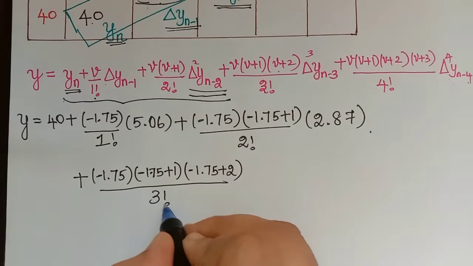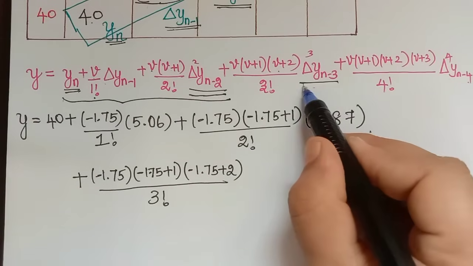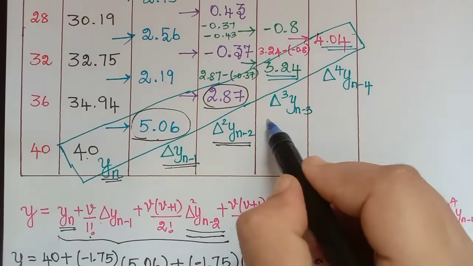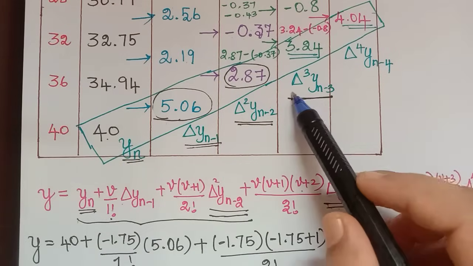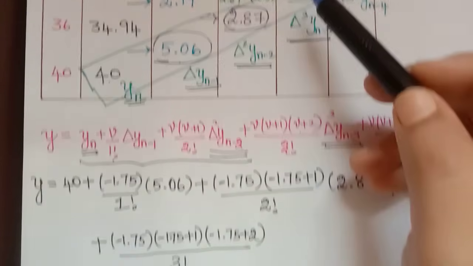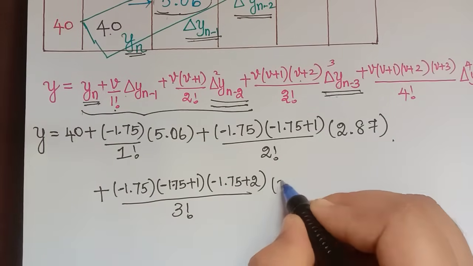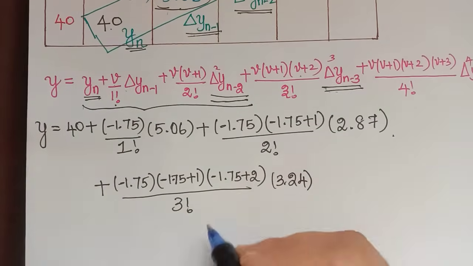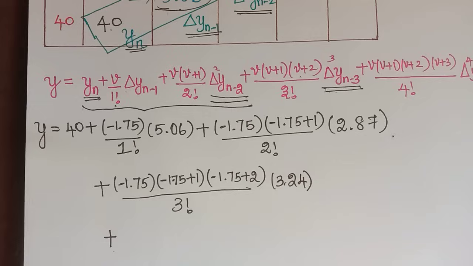So 3 factorial multiplied with delta cube of yn minus 3. What is that? Delta cube yn minus 3 is 3.24. So that we have to substitute here. So 3.24.